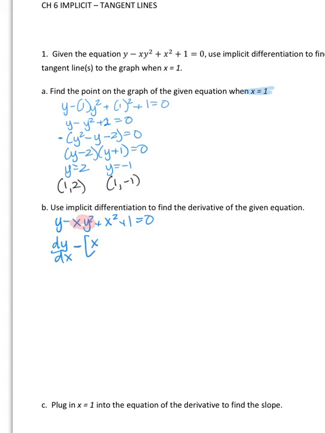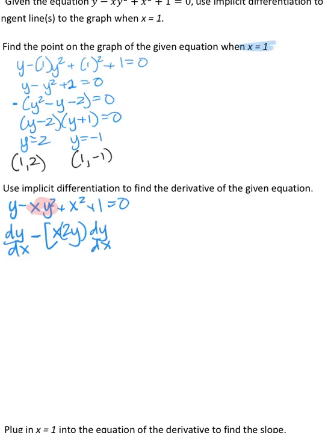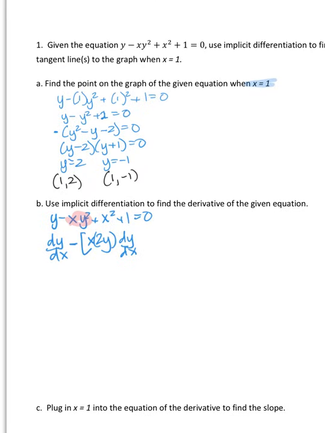So the left times the derivative of the right, and since we have the d, we're going to have the derivative of the y, which is dy/dx, and then we have the right plus the derivative of the x. If you notice, that is 1, and then the x squared is going to be a 2x dx/dx, and the 1 goes to 0.